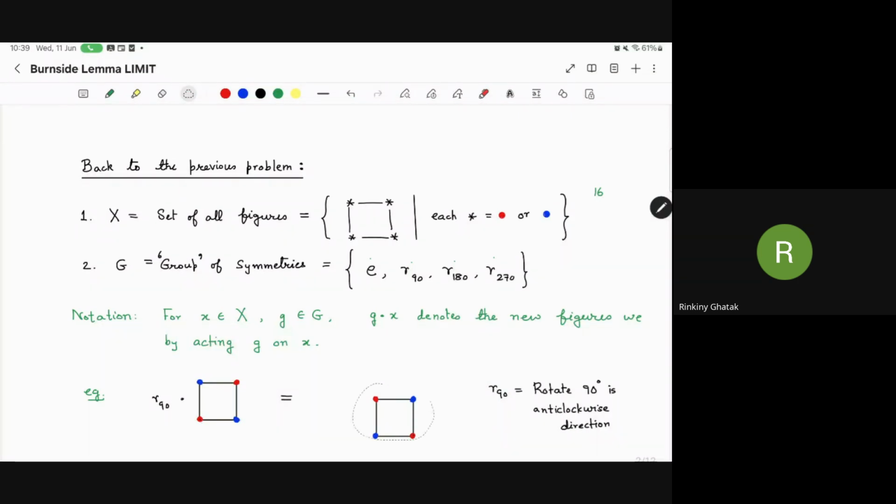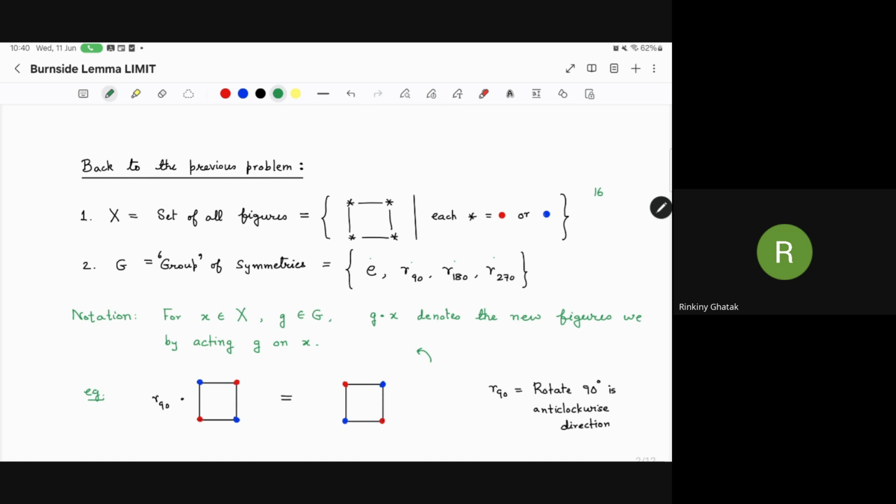And in accordance with all mathematical notation, rotation by 90 degrees means in the counterclockwise direction, in the anti-clockwise direction, this way.